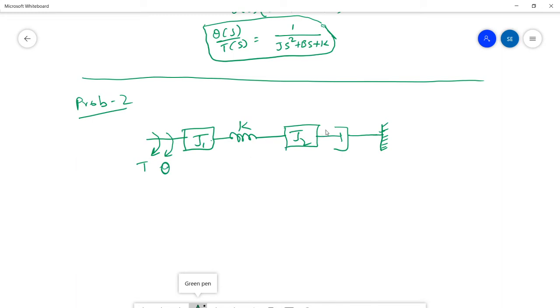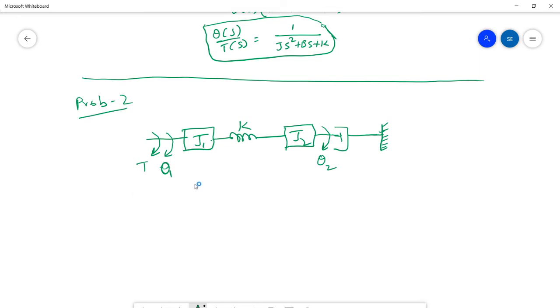And here we'll consider another J, so another angular displacement is theta 2. Sorry for this, I'll redraw this.